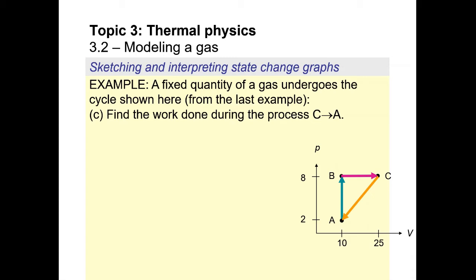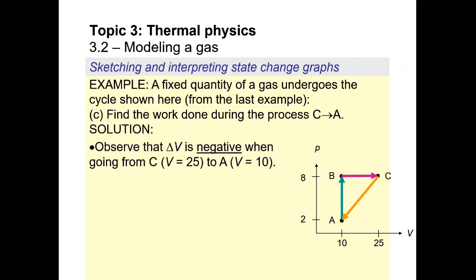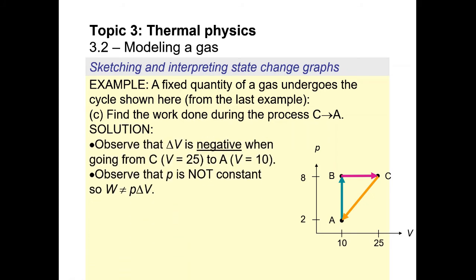Find the work done during the process C to A. Observe that change in volume is negative when going from C to A, as gas is contracting. And observe that pressure is not constant. So we cannot use W equals P times delta V. But we are able to use work done equals area under the pressure volume diagram.